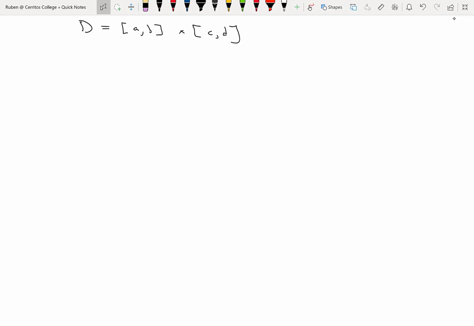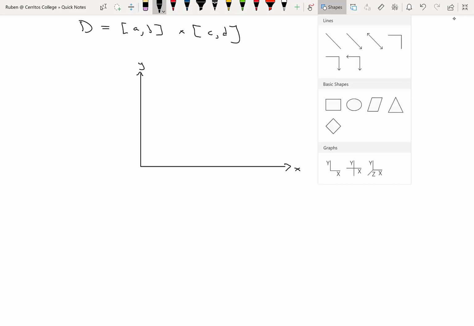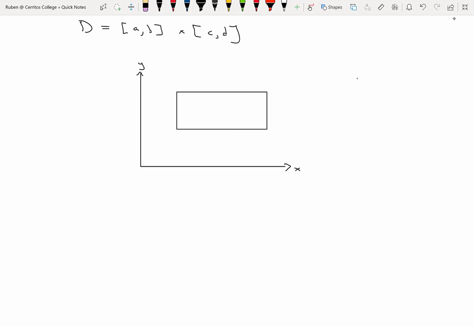So to define the double integral, which again, really, we're just reviewing what we did before, all we need to do is to look at the domain of the integral in 2 space. And the domain was the rectangle ab cross cd. So here's our rectangle. From there, what we did is we divided up the x-axis.